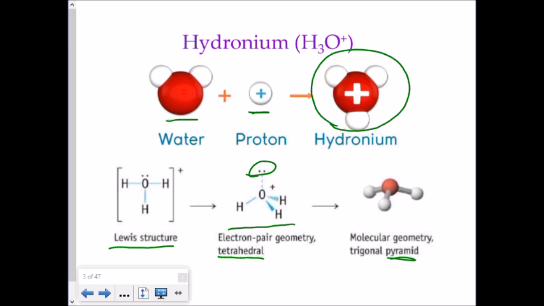With the actual individual atoms, it's going to be the pyramidal shape. So that's a look at the idea of hydronium. When we're really talking about H+'s in solution, we're really looking at this new concept that the H+ attaches to water and forms hydronium.